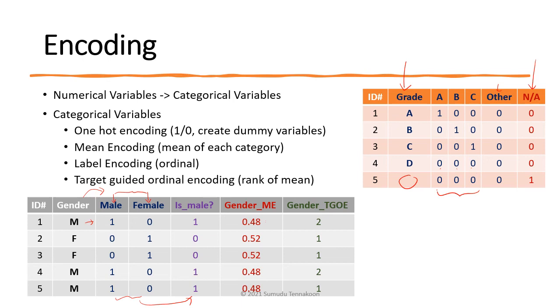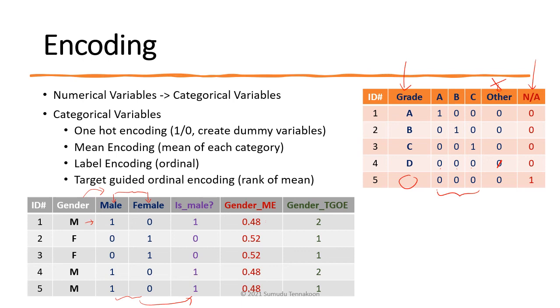So in Python, when you are creating this one hot encoded variable, you will be asked whether you should create a new column for empty values. If you know your data set or your column has empty values, you should. If not, if you already handled that in your previous steps, and you're guaranteed you will not have any empty values, you can skip it. In that case, D will fall under other, but the other column is not relevant.